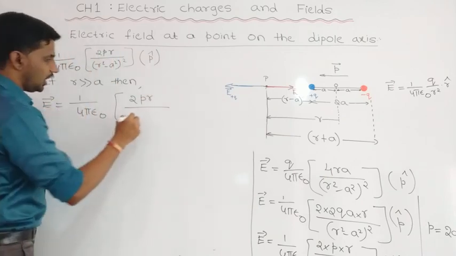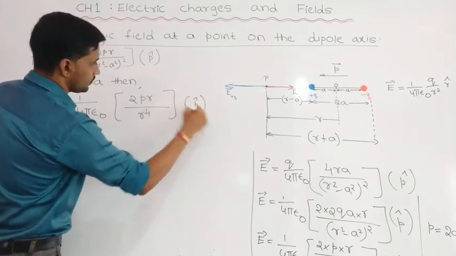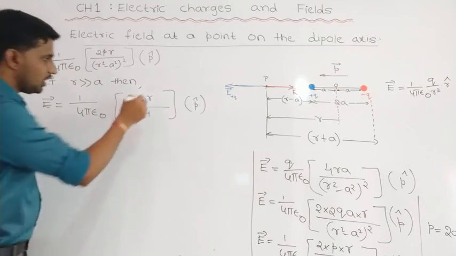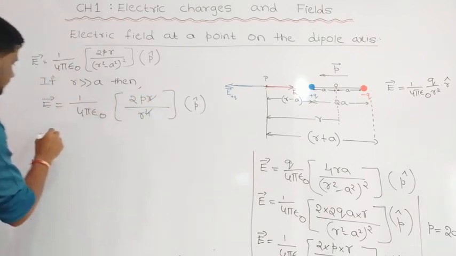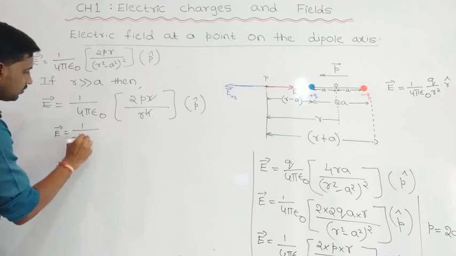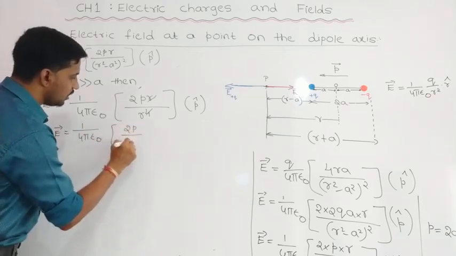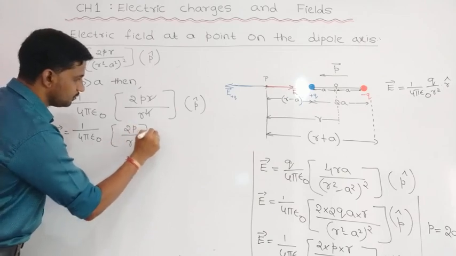Then we will get r to the power 4, and outside p cap. Here one r gets cancelled. Then the remaining term is E vector is equal to 1 by 4 pi epsilon naught, 2p divided by r cube, p cap.